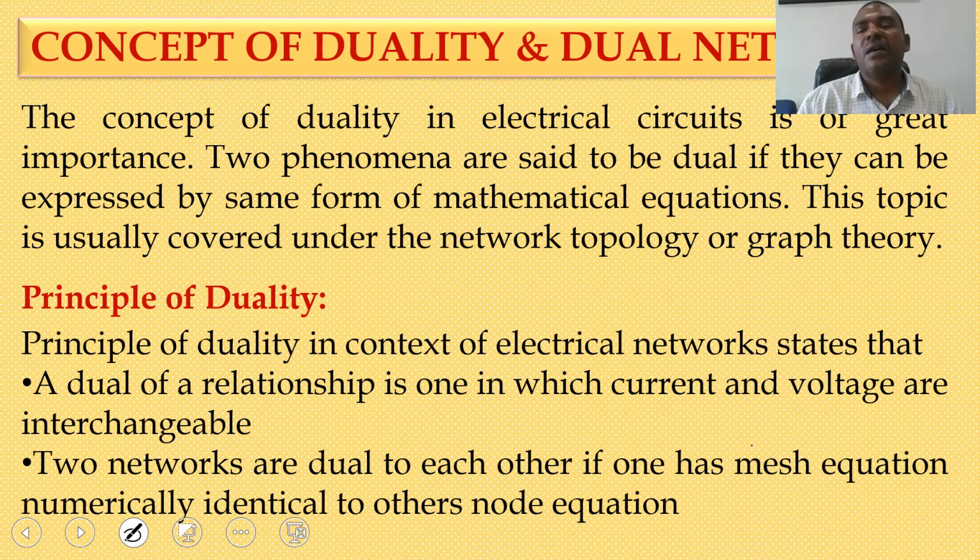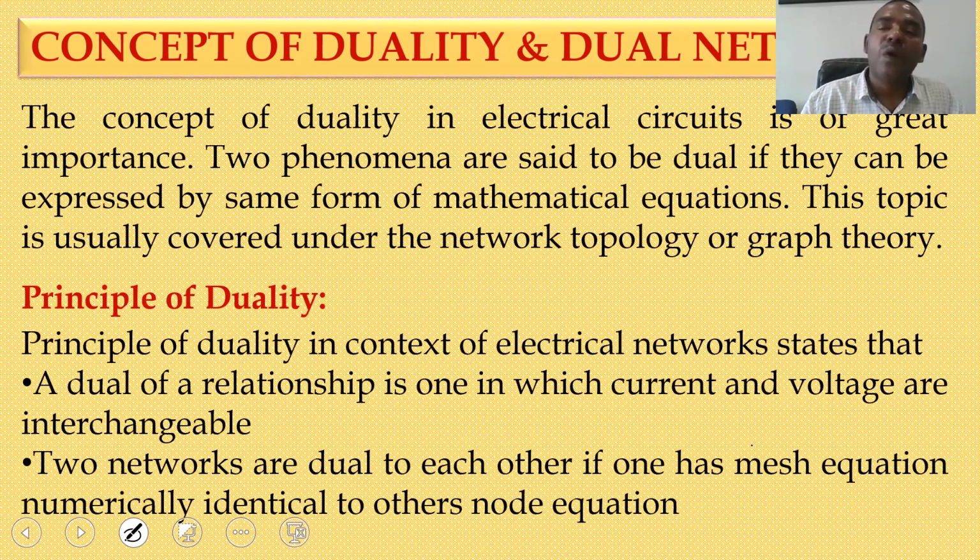In this case, for electrical components, there is a duality between series connection and parallel connection. There is a duality between the integral differential equations of a loop and the integral differential equations of a parallel circuit.